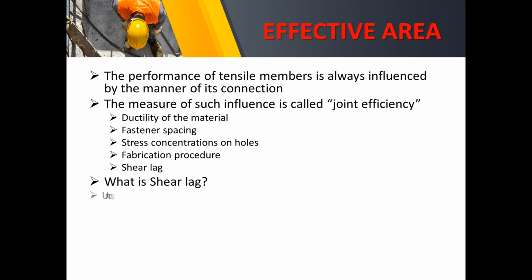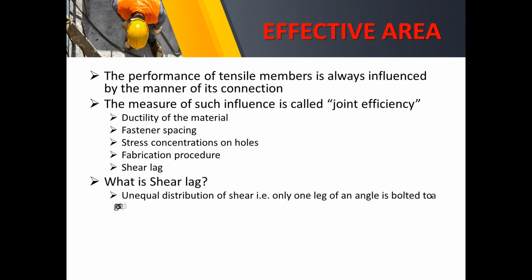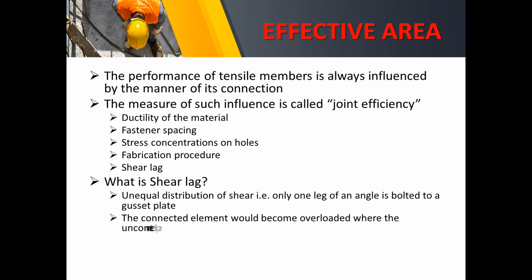Well, the shear lag is actually the unequal distribution of shear, like if only one leg of an angle is bolted to a gusset plate. The connected element becomes overloaded while the unconnected part is relaxed, meaning it's not fully loaded.